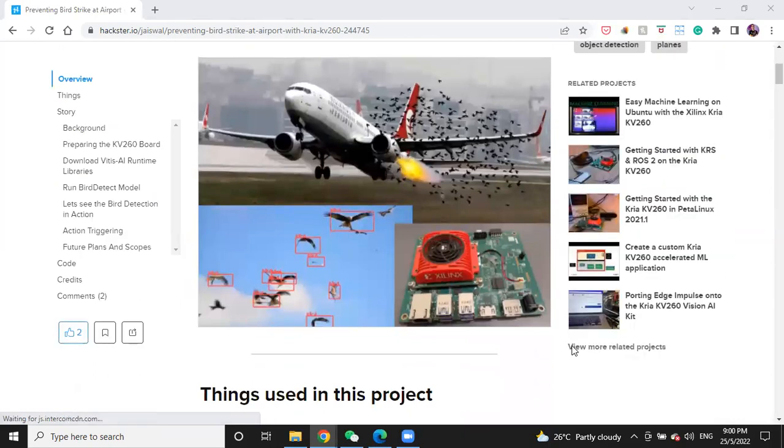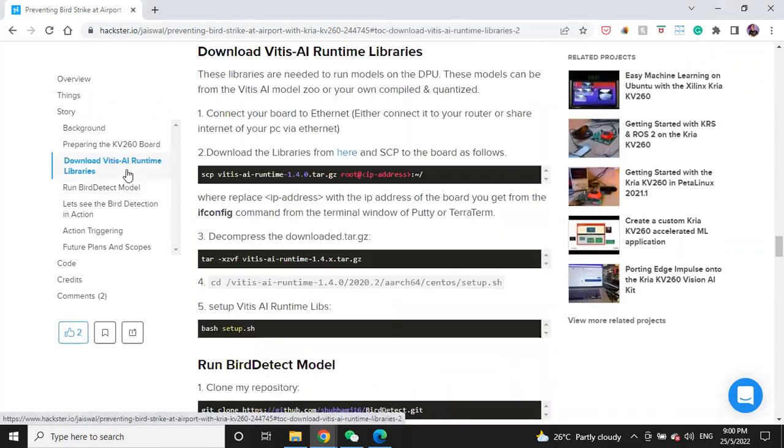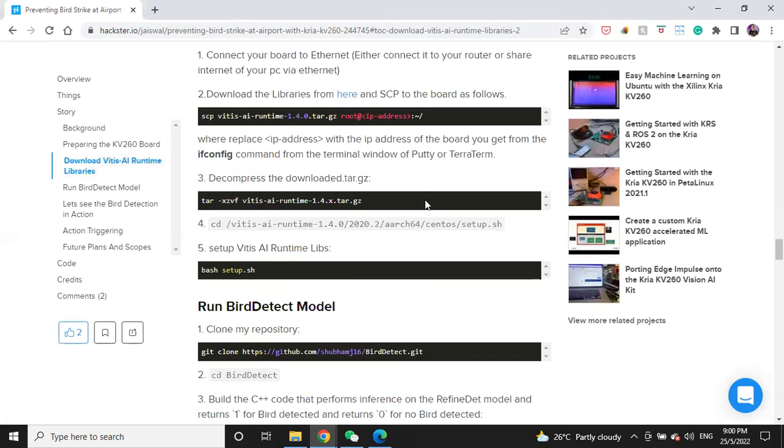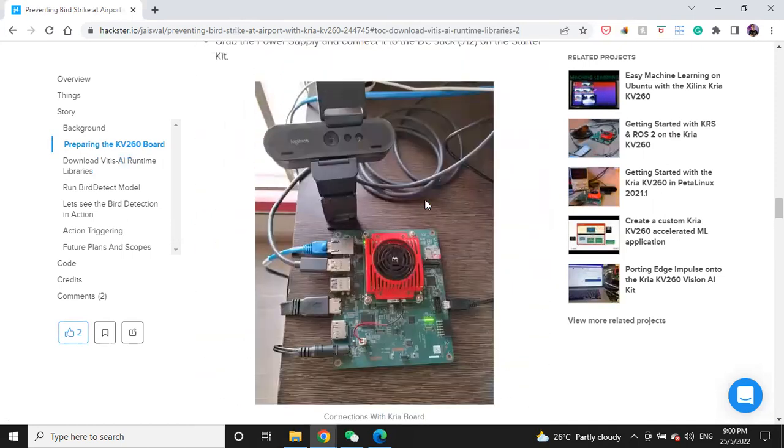Also, the most tedious part of this is Vitis AI. It is a bit complicated. You have to read the documentation and make things right in order for it to work. In the Vitis AI part, you train the model and deploy it to the DPU, the deep learning processing unit of the Kria KV260 board. I think this Vitis AI deployment part is a bit tricky.